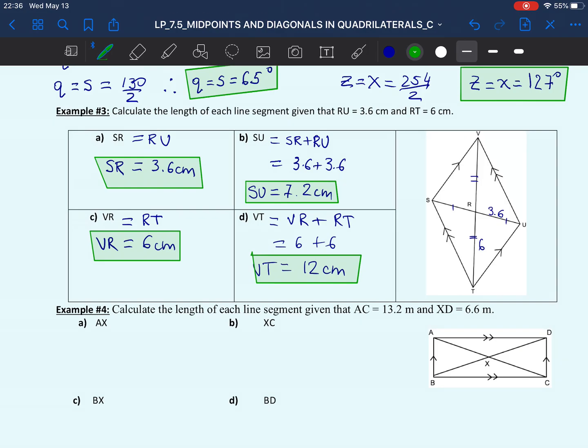So first, let's put on the diagram the measurements given. So we know AC equals 13.2. And we know that XD, so only this side here, is 6.6. Since we are in a parallelogram, the diagonals will intersect each other at a point, and this point will divide the two diagonals into two equal lengths.